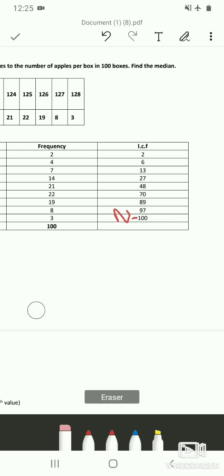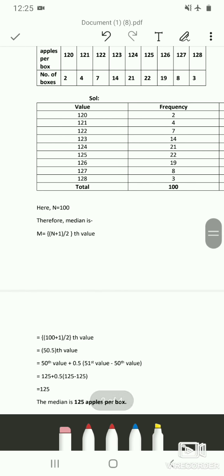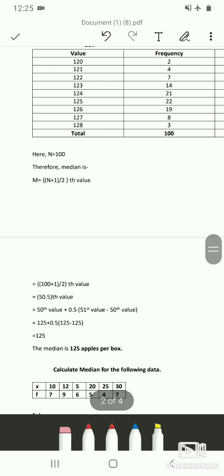After arranging the data, calculate the less than cumulative frequency, and the formula is M equals (N plus 1) upon 2th value. In case of raw data it was small n, and in case of discrete it is capital N, the total number of frequencies.